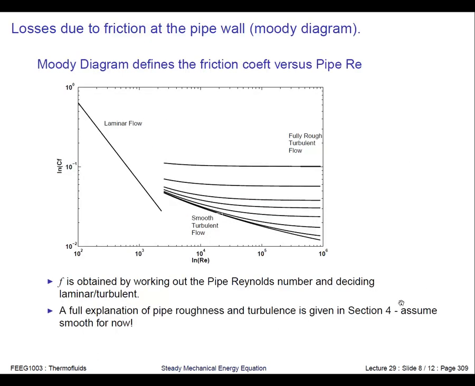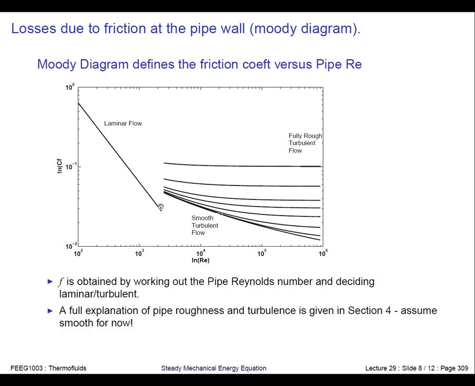So when we start looking at the frictional loss in a pipe, we find that it's quite complicated, and it depends on two factors. It depends on whether the pipe flow is laminar or turbulent.